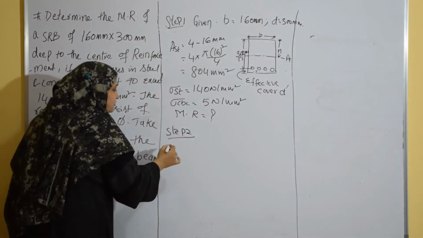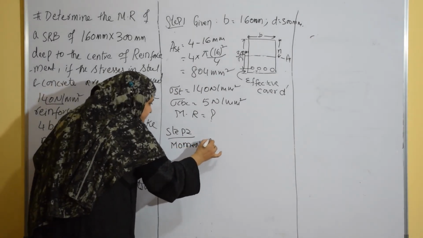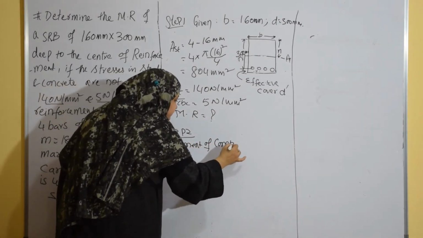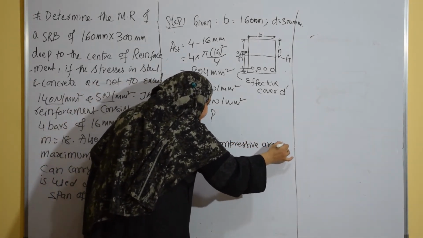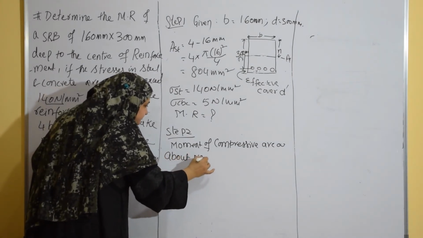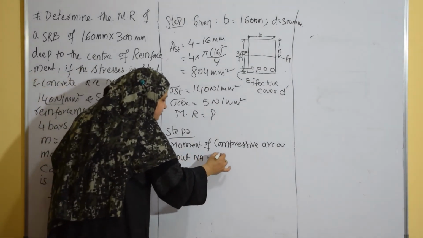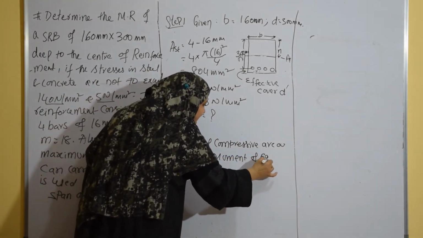So moment of compressive area about neutral axis is equal to moment of equivalent tensile area.